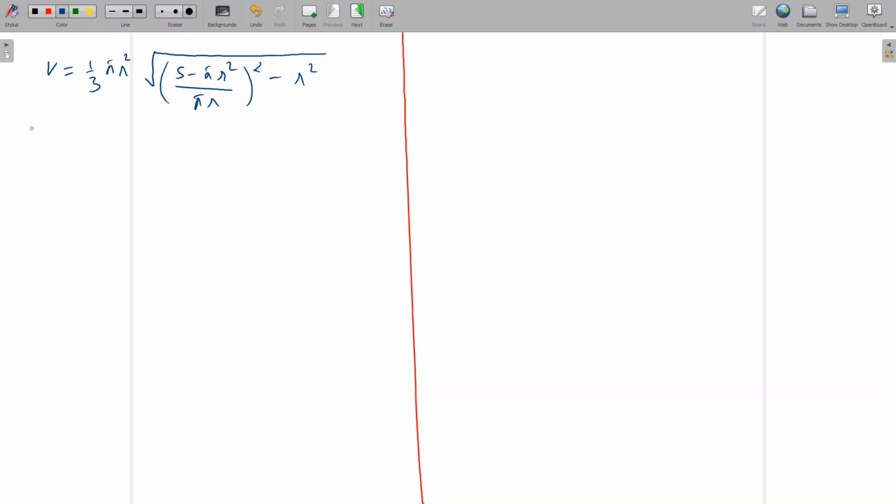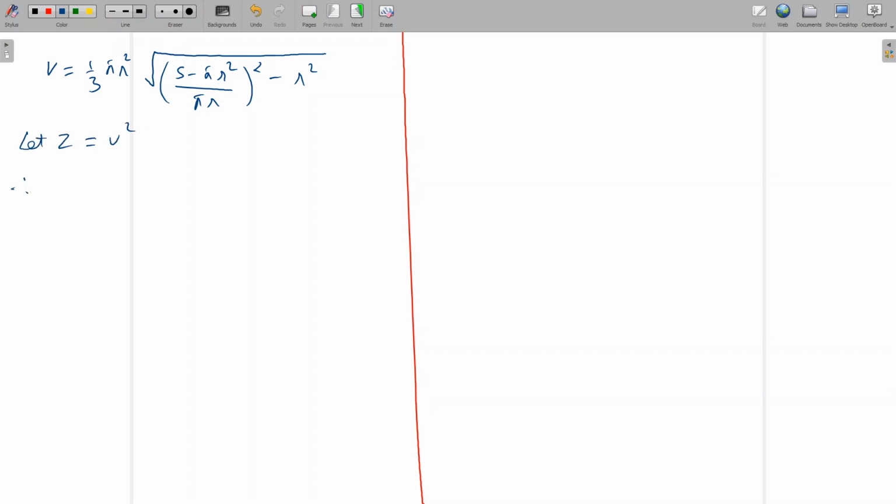derivative of the function. If you find dV by dR here, the square root is there, so the calculation work will be more. So instead of that, we will remove this square root by taking the square of V. So let us take another function. Let Z equal to V square.